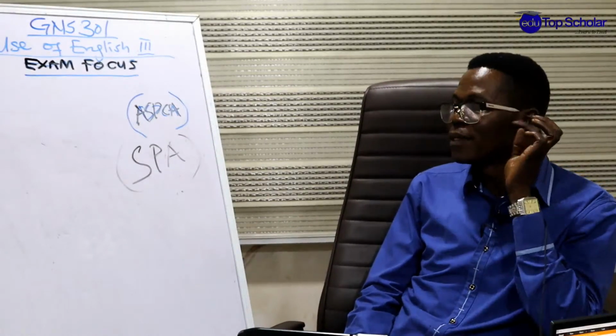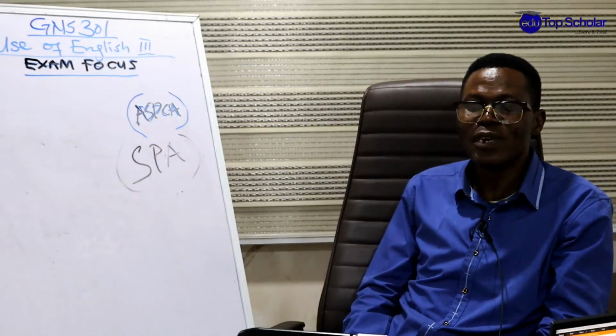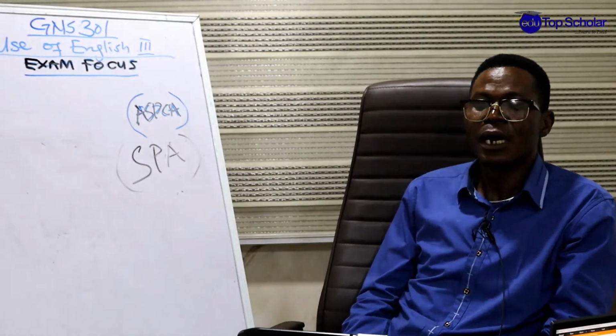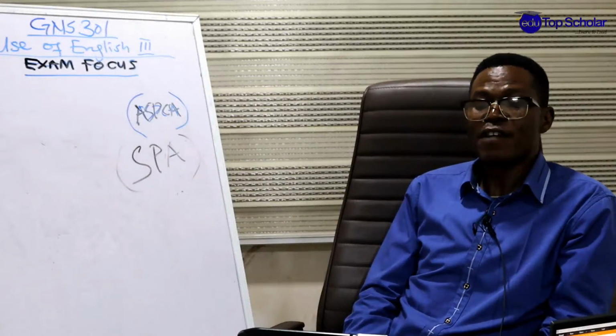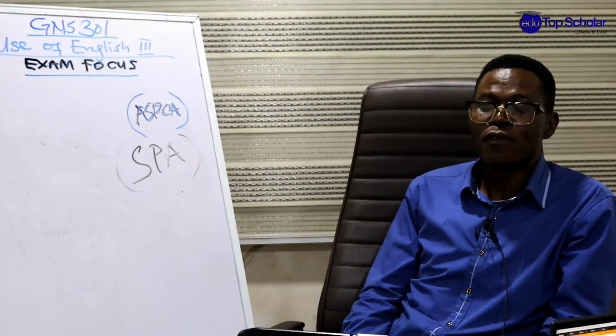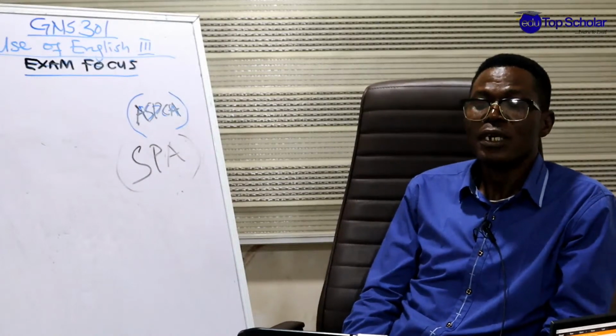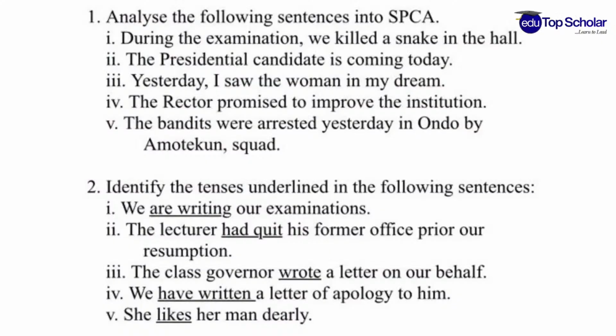So whenever we have a preposition introducing a group of words, most of the time we have a prepositional phrase, and prepositional phrases perform the function of an adverb. We can also call them adverbial phrases. So that's an adjunct. So by Amotekun squad is an adjunct.